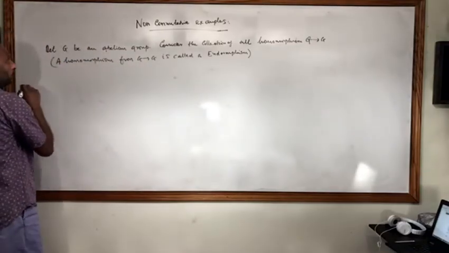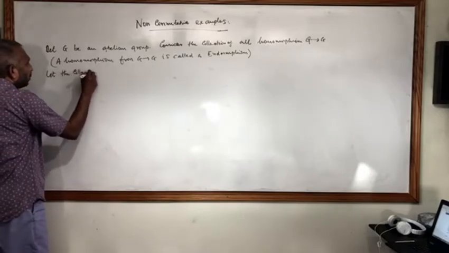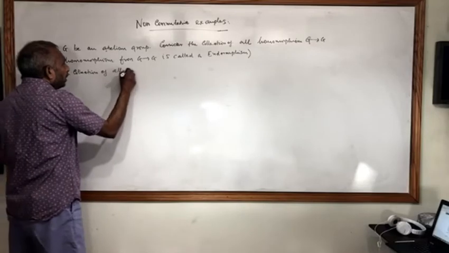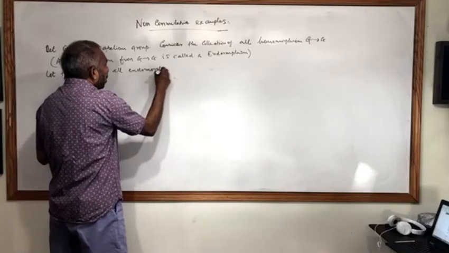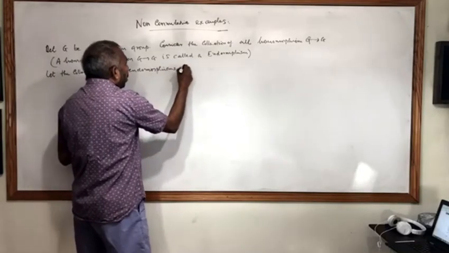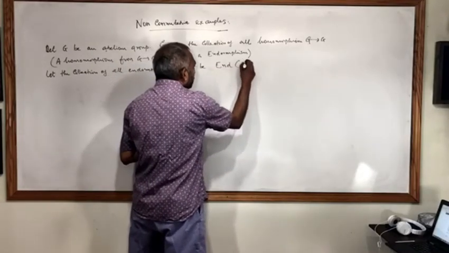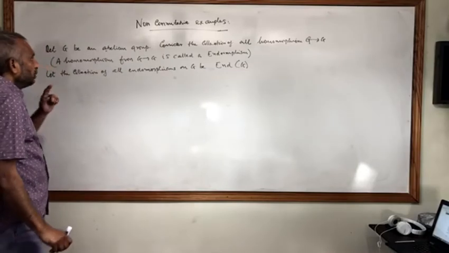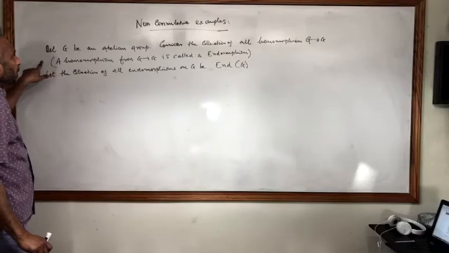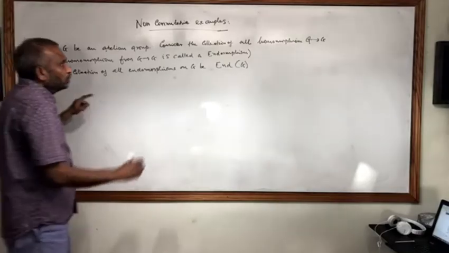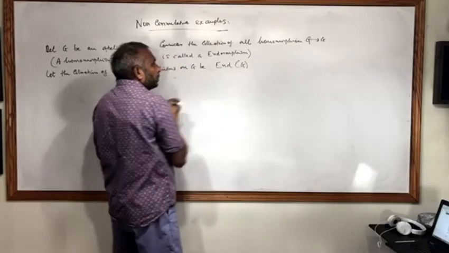So let the collection of all endomorphisms on G be End(G). So we have the elements of the ring which we are going to consider. Those are the endomorphisms on an abelian group.